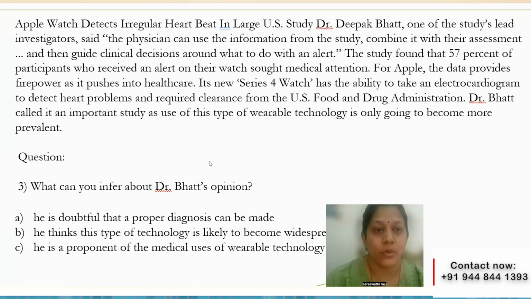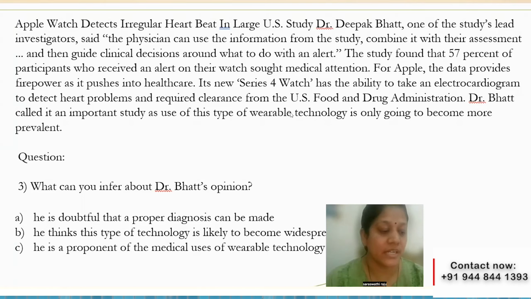Okay, Apple Watch detects irregular heartbeat in large US study. Dr. Deepak Bhatt, one of the study's lead investigators, said the physician can use the information from the study, combine it with their assessment, and then guide clinical decisions around what to do with an alert. The study found that 57% of participants who received an alert on their watch sought medical attention.